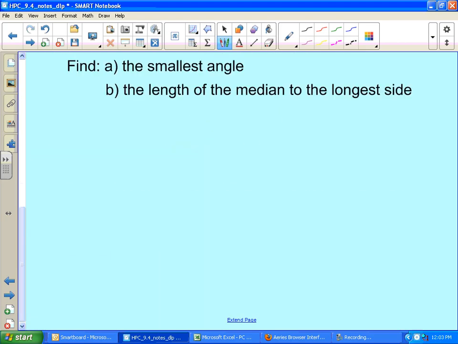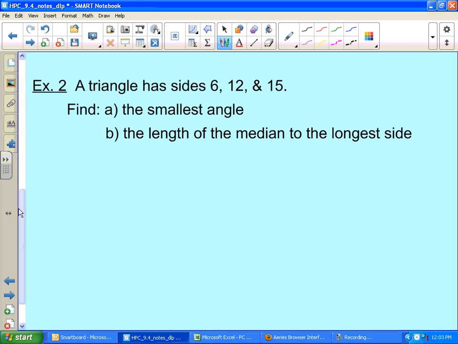Triangle number 2. No visual, just some sides given to you. You draw the triangle, and then we go find all the information related to it. Always a good idea, draw the figure. Don't assume that it's a right triangle unless you know by some angle given to you that it is. So we have to find our smallest angle, which is going to be across from which side?